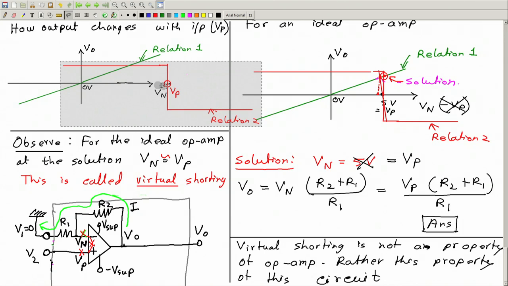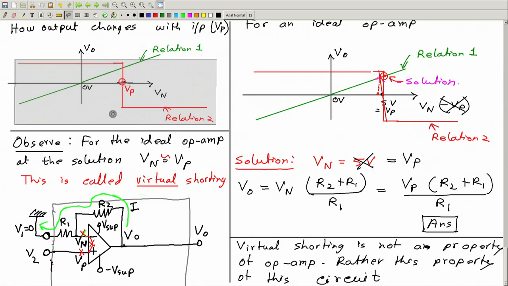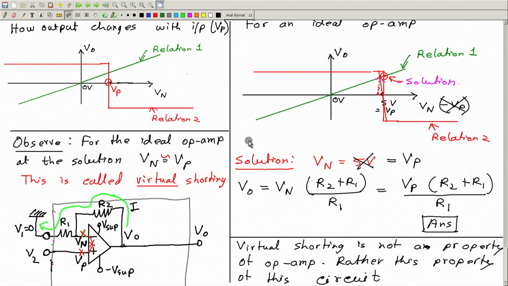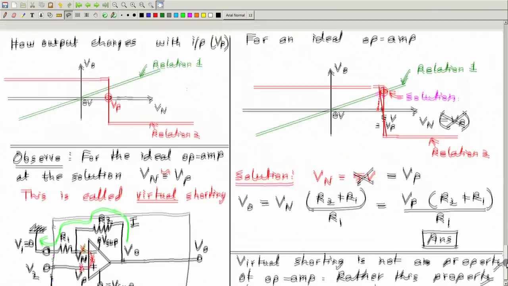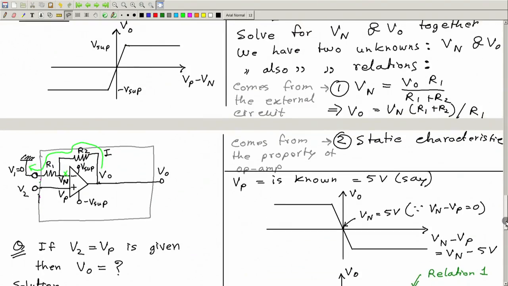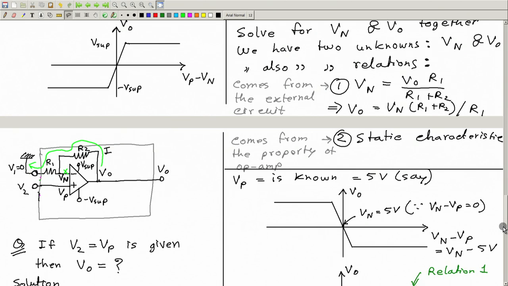So Vn and Vp are not the same. Once the circuit saturates because the input is too high, this virtual shorting is not going to be true. So that's about the non-inverting amplifier. Next we shall see the inverting amplifier.